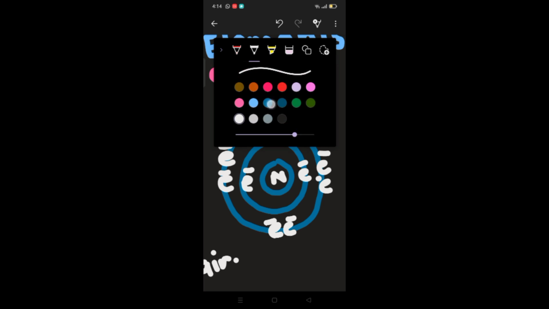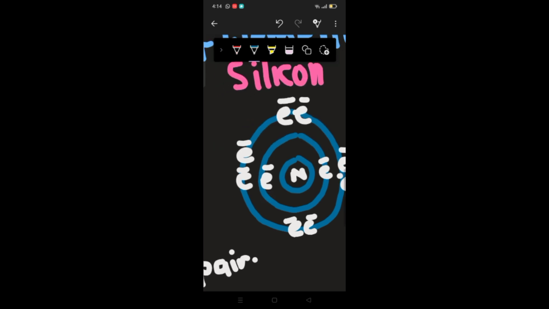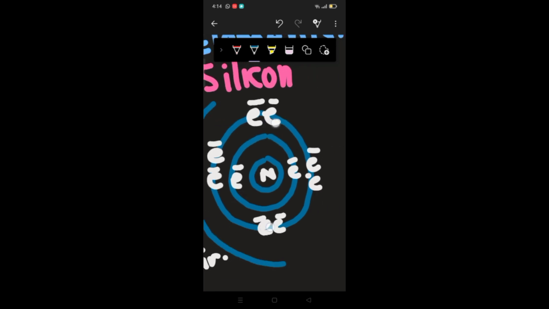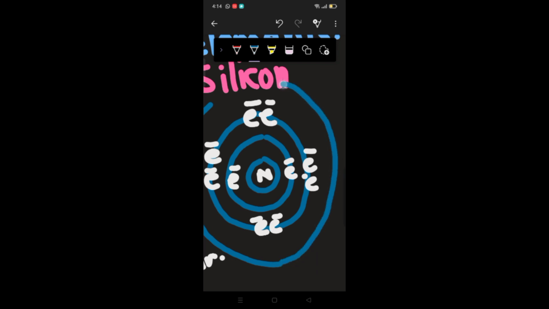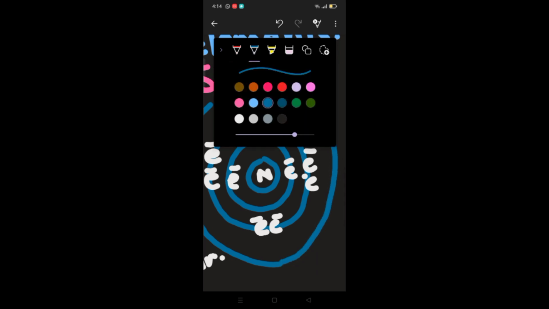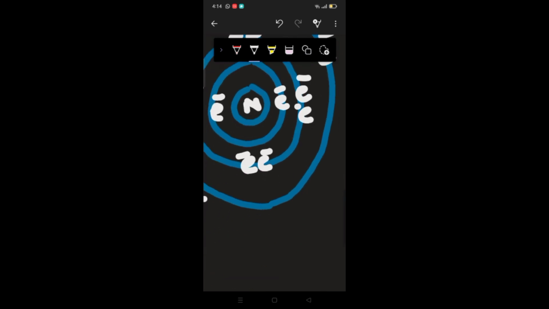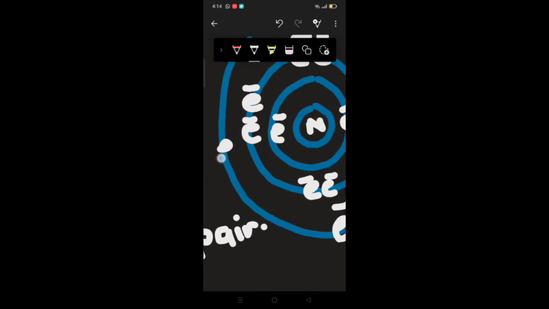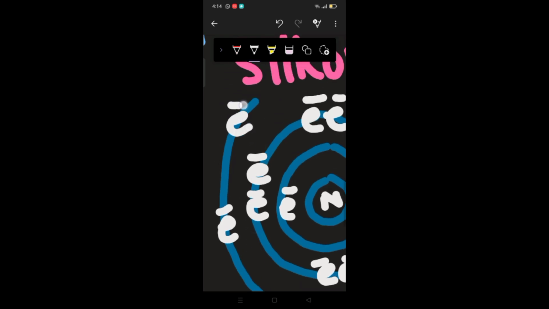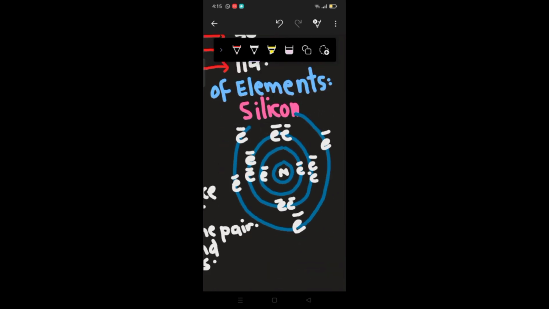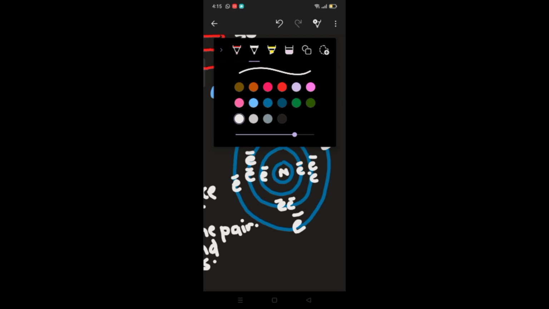So 4 will be in the outermost shell. 1, 2, 3, 4. So it means it needs 4 electrons to complete its outermost shell as well.